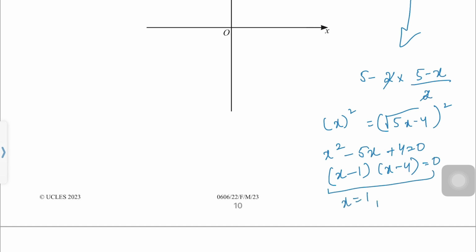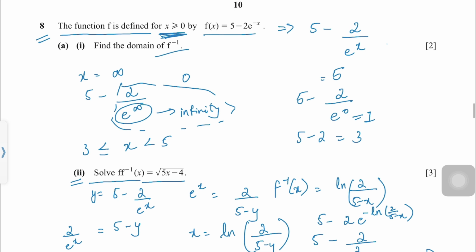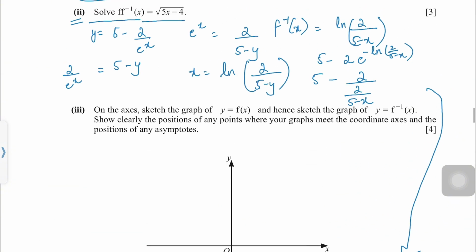So x would be 1 and x would be 4. Now x can't be 1 because if we look at the domain of f inverse x, it was 3 till 5. So 1 will be rejected, and this will be our final answer for part 2.